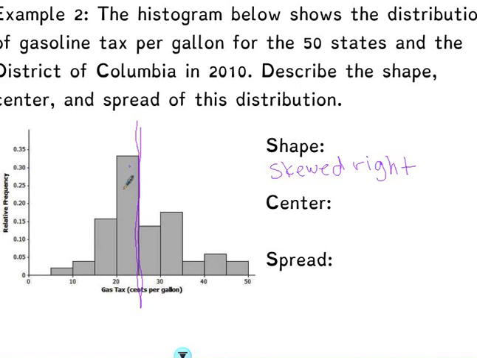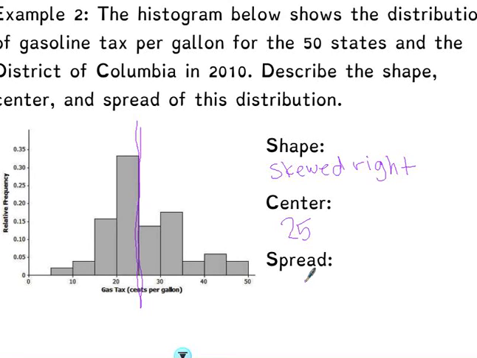Drawing this line, I can see that the frequency over here matches almost the frequency to the right. Not exactly, so whatever you all think would be fine, just as long as it's somewhere within here. So I'm going to say that the center is approximately 25.